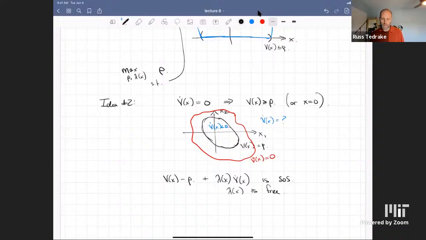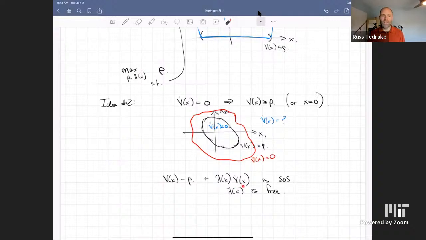It doesn't have to be positive. This is the equality constrained version of the S procedure, because that's an equality instead of inequality. The idea is that when v dot is 0, then no matter what lambda is, it's not going to do anything. So this must be true.